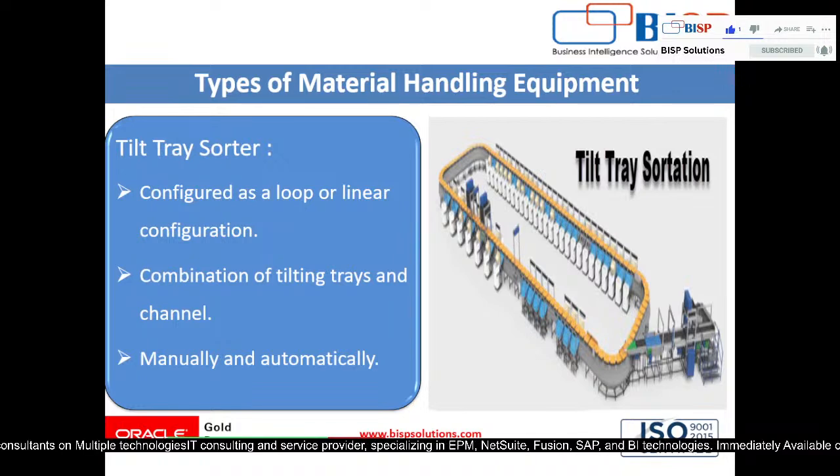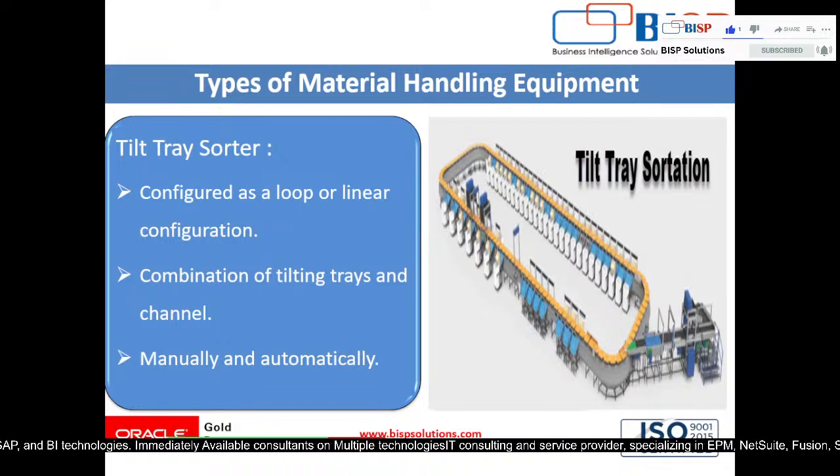You can see on the screen, these are the plates, the trays. The trays tilt when the assigned location is met, right? At that time the product is delivered into the channel, right?